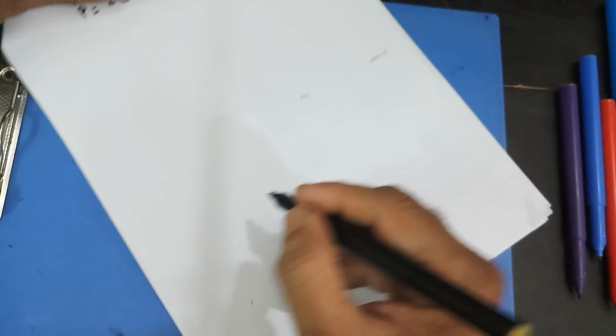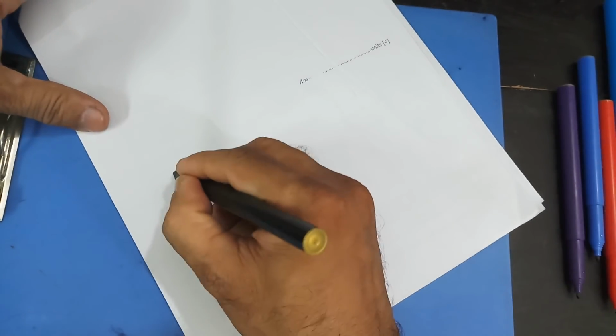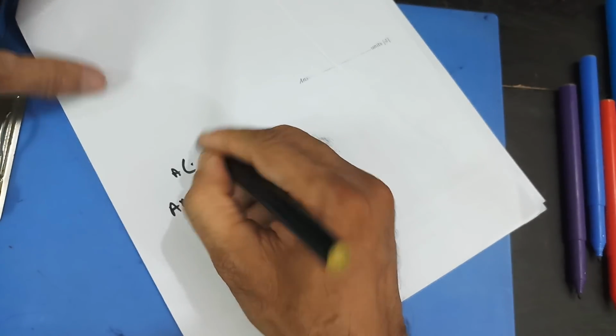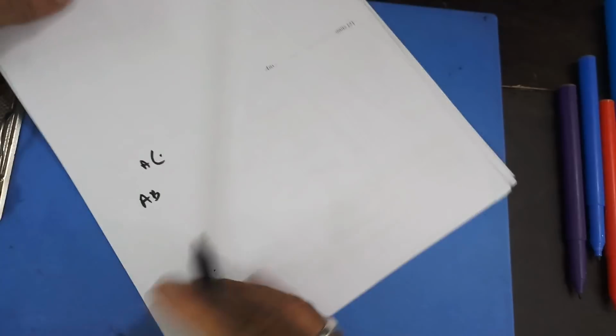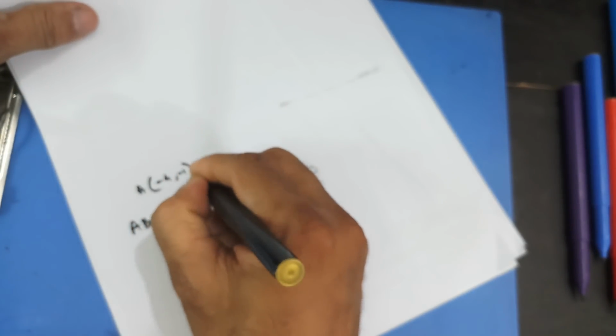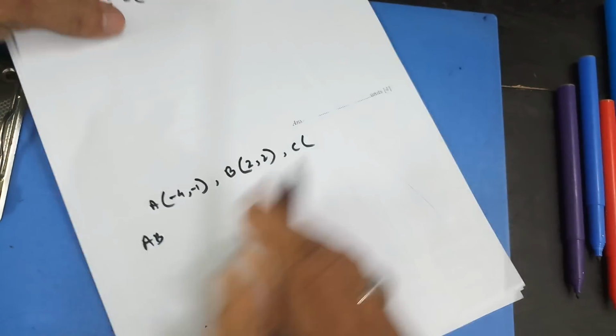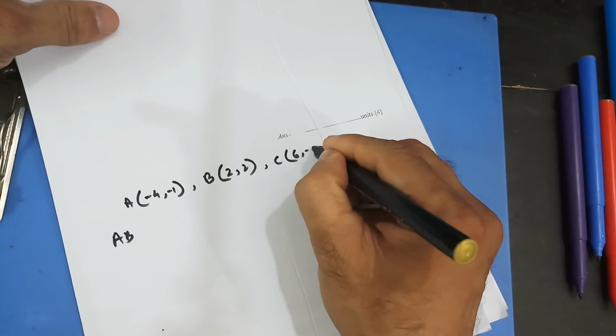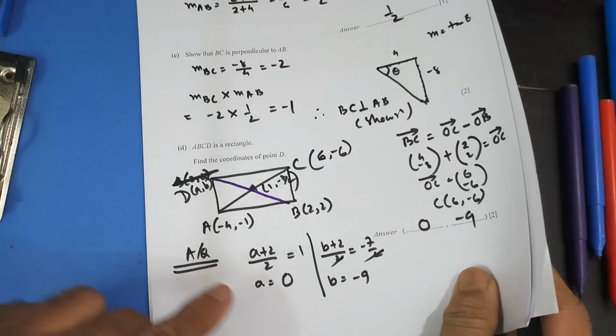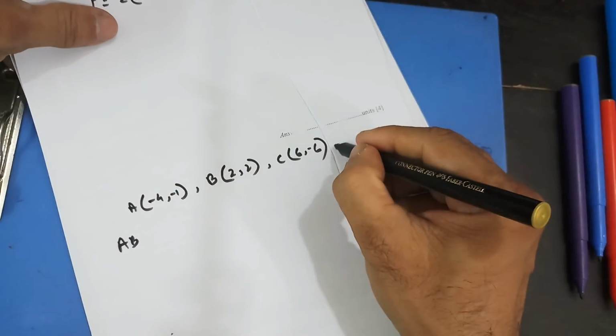Let me actually write down the formula. A is (-4, -1). B's coordinates is (2, 2). C's coordinates is (6, -6), and D is (0, -9).